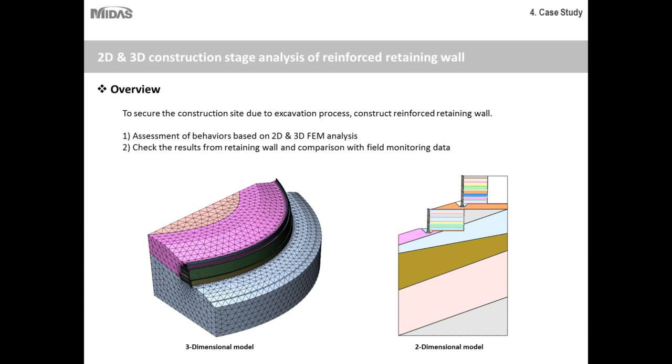So why did they need 3D and 2D analysis models? As I mentioned in the very beginning, sometimes your reinforcement layout varies along the length, or your section is varying along the length, then you need to move one step ahead of 2D analysis, which is 3D analysis.